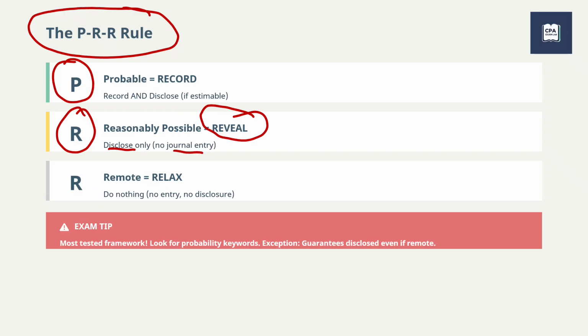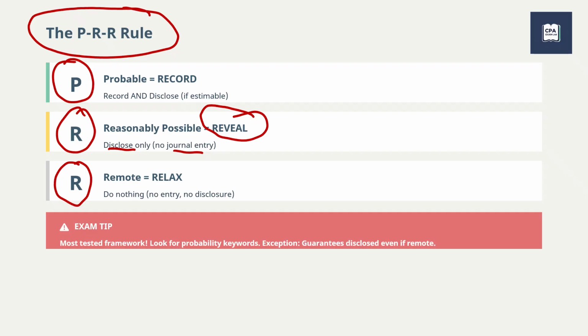And the last R in the PRR rule stands for remote, which means if you hear the word remote, you just relax. What does it mean? You do not make a journal entry and you do not disclose it in the footnotes.